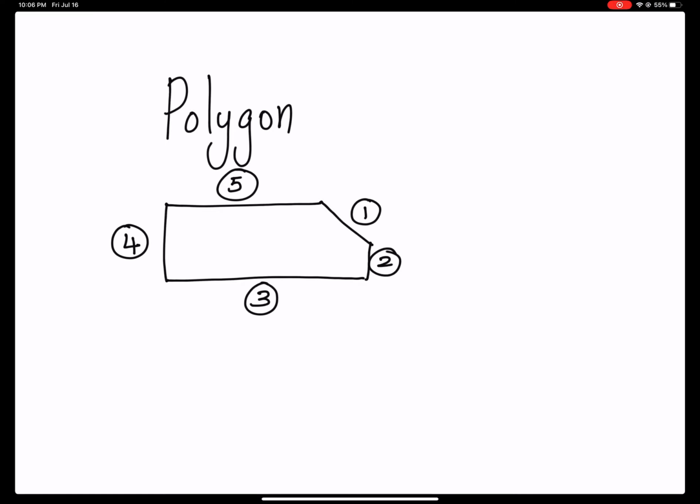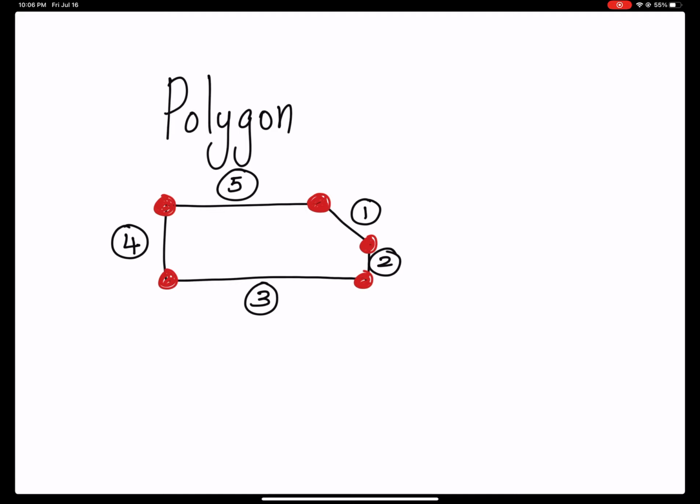This polygon has 5 sides and 5 angles. Let's see the angles. 1 angle, 2 angle, 3 angle, 4 angle, and 5 angle. This polygon has 5 sides and 5 angles.